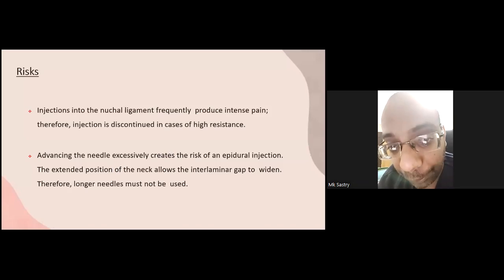It may also go to the epidural area and it may create a large headache and a lot of problems in the patient. So never use this type of method.